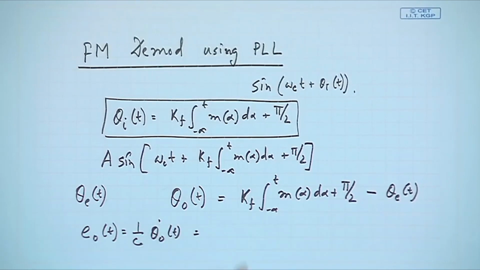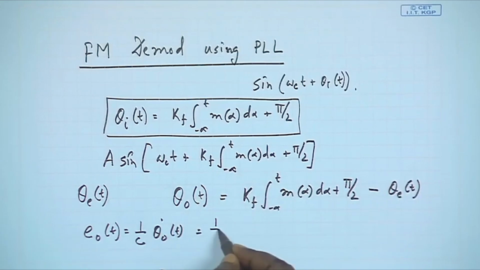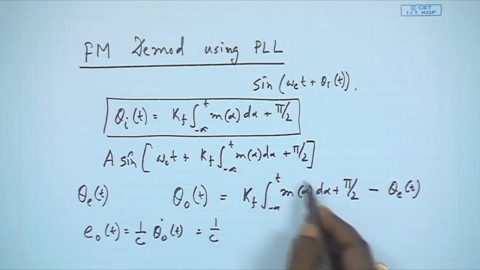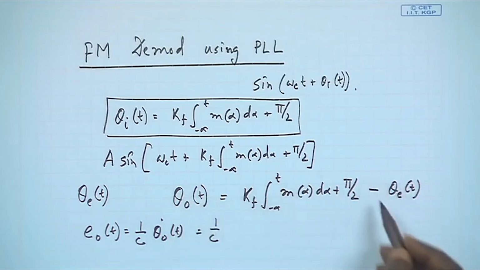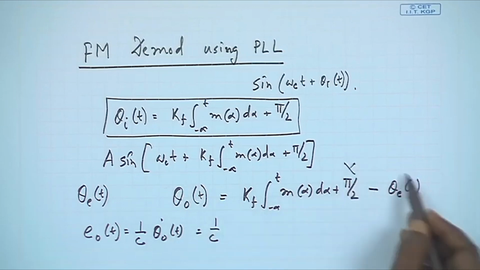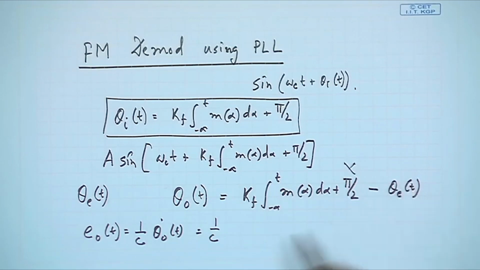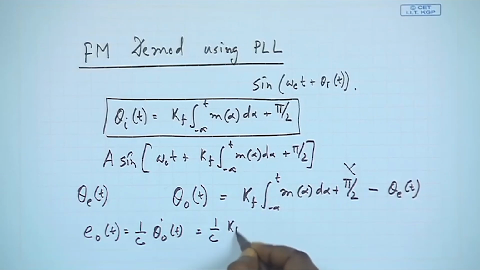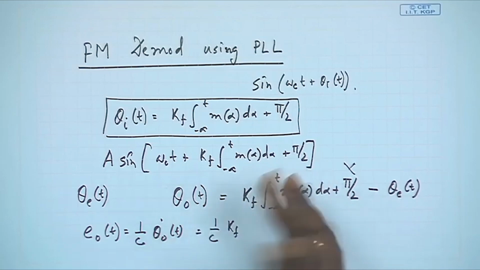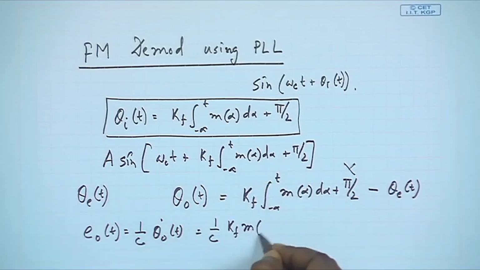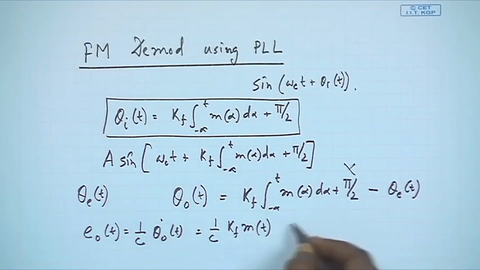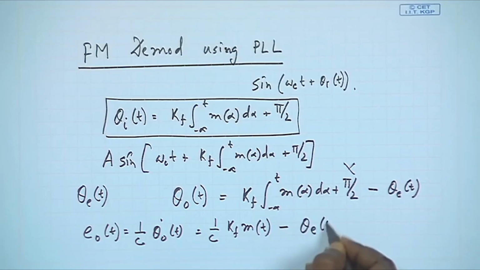Now, let us try to differentiate it. So, it should be 1/c, and θo(t) we have to differentiate. So, this term will be gone, I will have a differentiation of this one and I will have differentiation of this one. So, differentiation of that one is kf, and if I just differentiate, integration and differentiation cancel each other. So, I get m(t), right, and I will get differentiation of this.